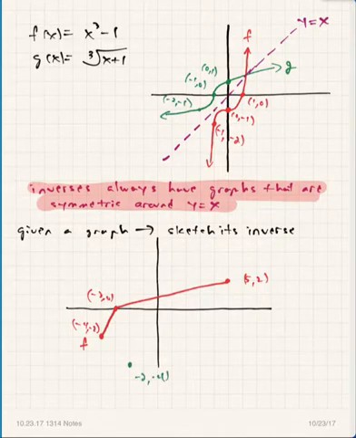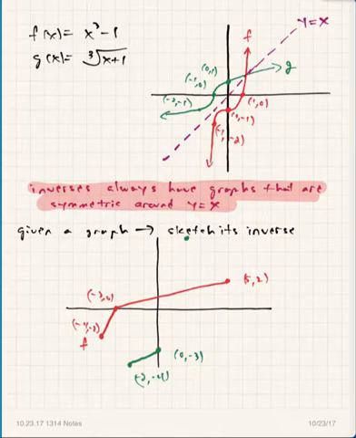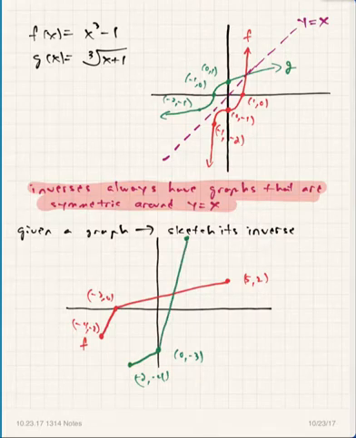And then we get 0, -3 right here. And then we get 2, 5, which is way up here. And so we get this graph like this. And that would be the graph of f inverse.